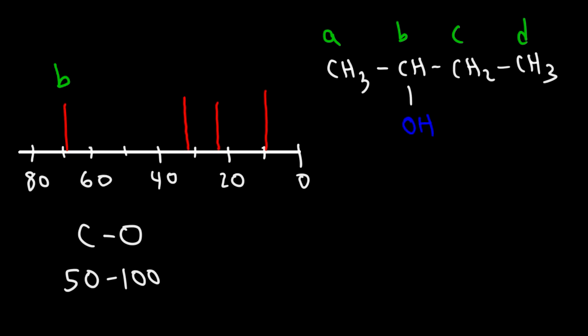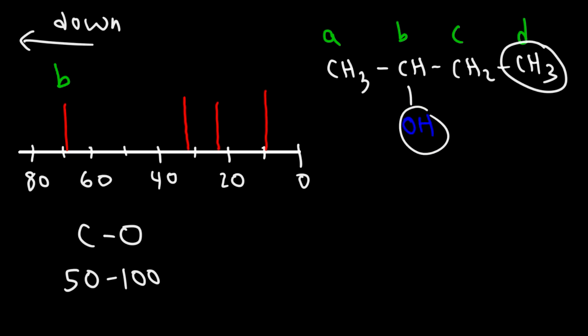Here's what we need to understand. A carbon atom that is attached to an electronegative atom, let's say an oxygen atom, is going to have a high chemical shift. It's going to appear downfield in the graph. Now this methyl group is very far away from the oxygen.